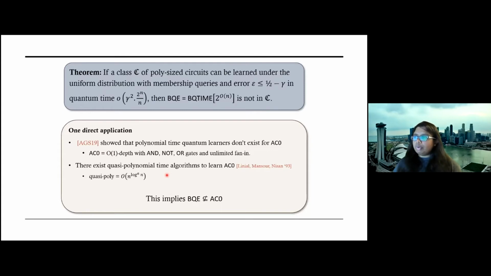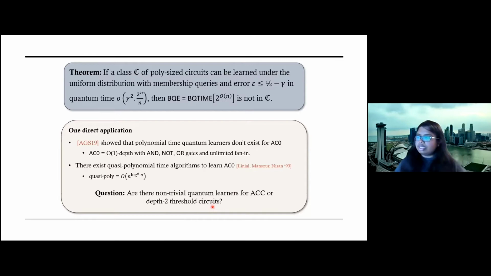So the more interesting question we can pose is, are there any non-trivial quantum learners for a larger circuit class like ACC, which we saw earlier, or even depth two threshold circuits, which are a discretized version of certain neural networks and so on? So it's an interesting class to think about.